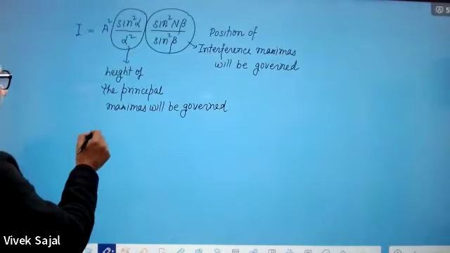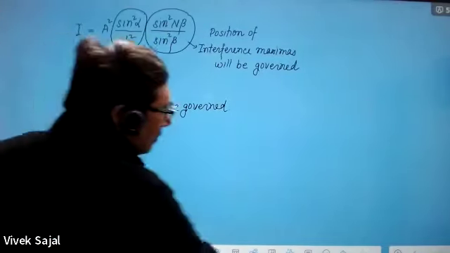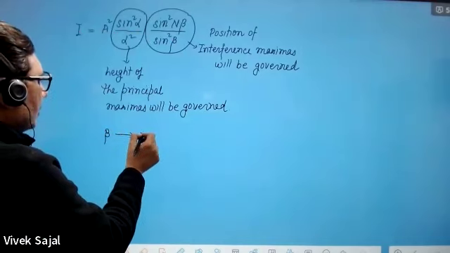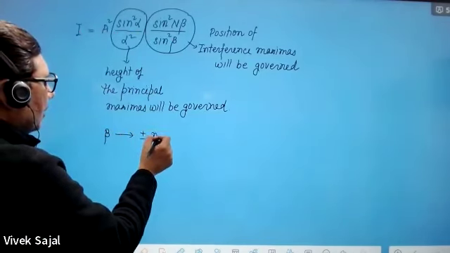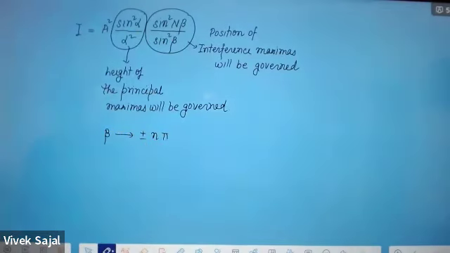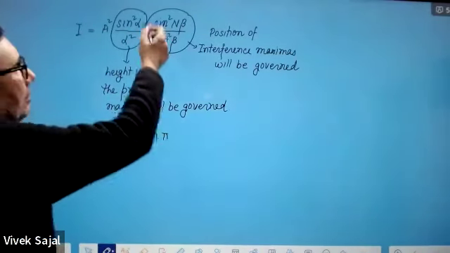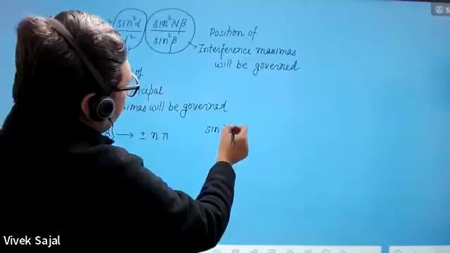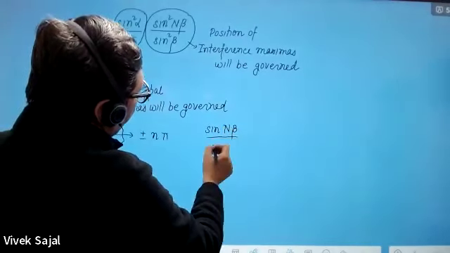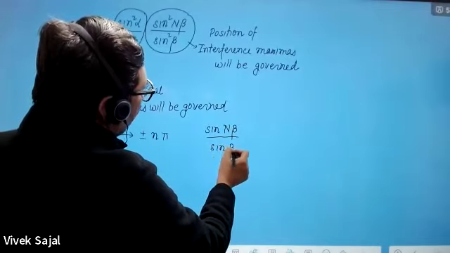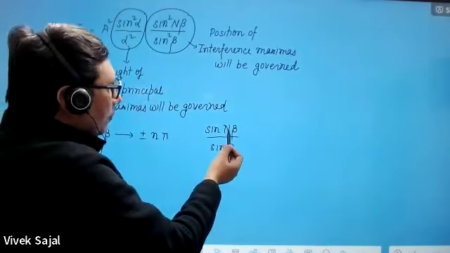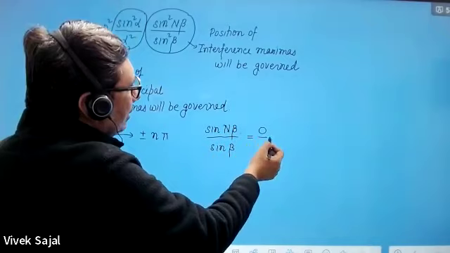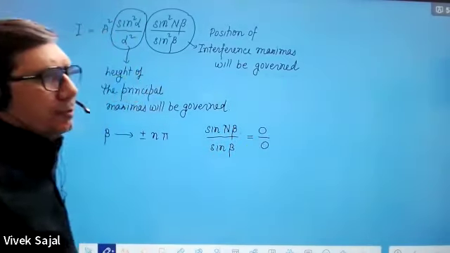Look here, if beta is tending to plus minus n pi, then what will this term, sin N beta upon sin beta, be? Here n is an integer, so if you place n into pi, the numerator will be 0 and the denominator will be 0. So this will be 0 by 0.